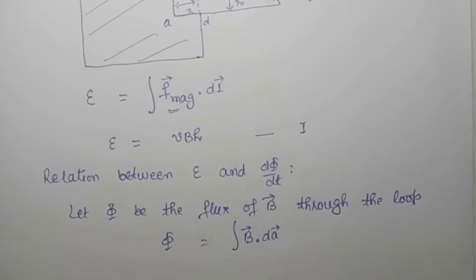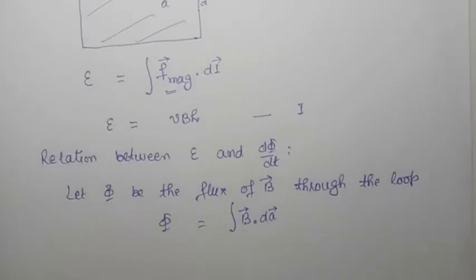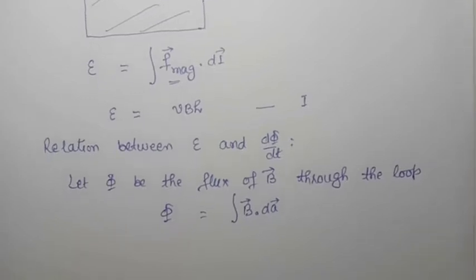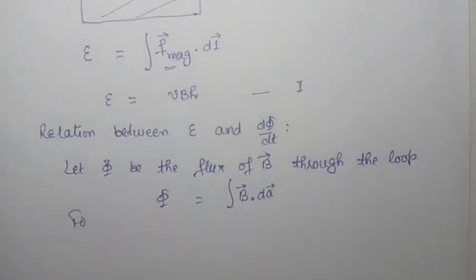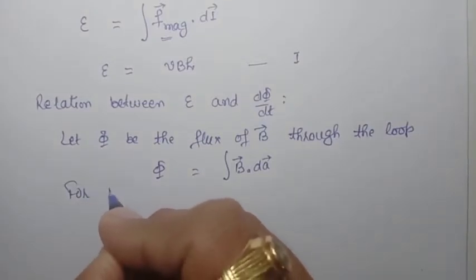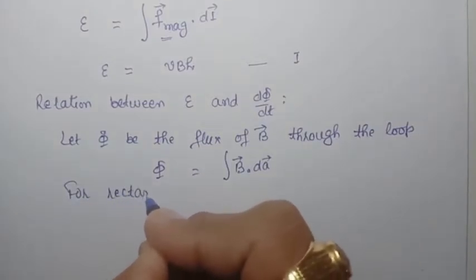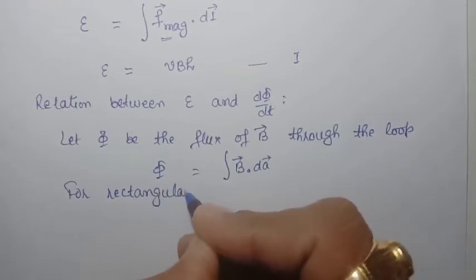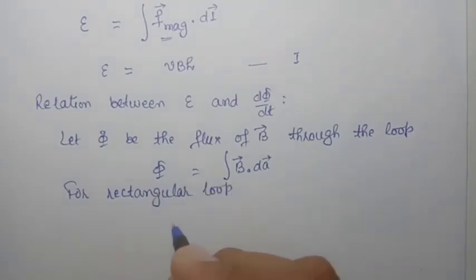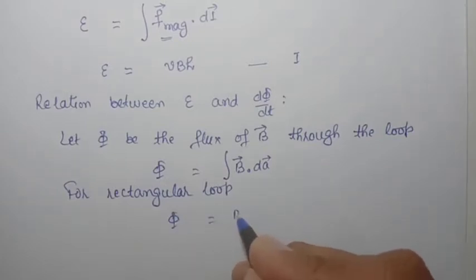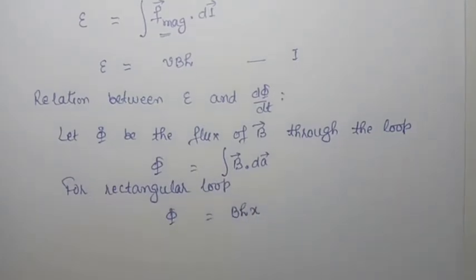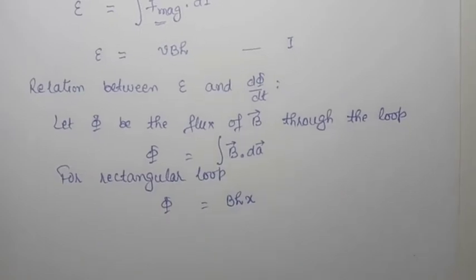So flux is equal to the integral of B dot dA. Then in our case, for the rectangular loop, this phi is equal to BHX. Again, B is the magnetic field, H is the width of the loop, and X is the variable quantity here.